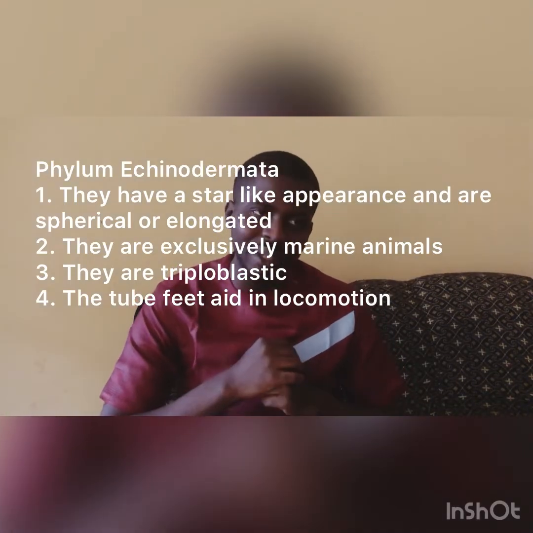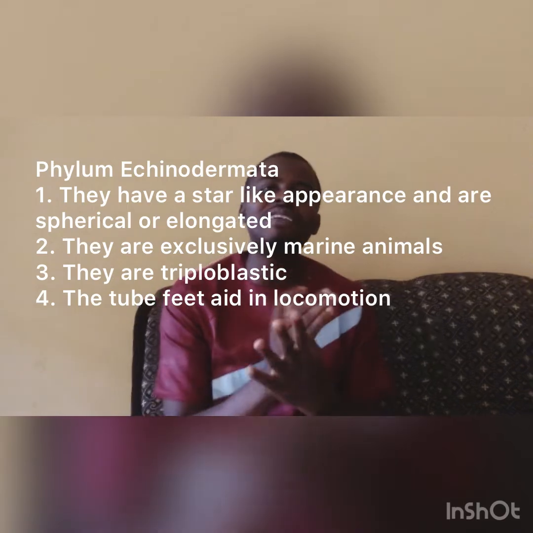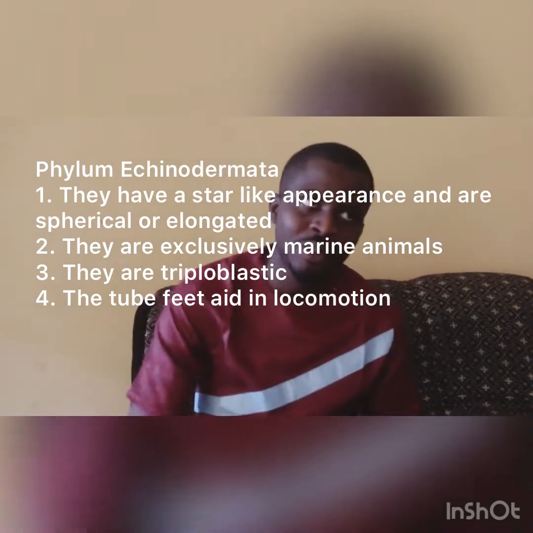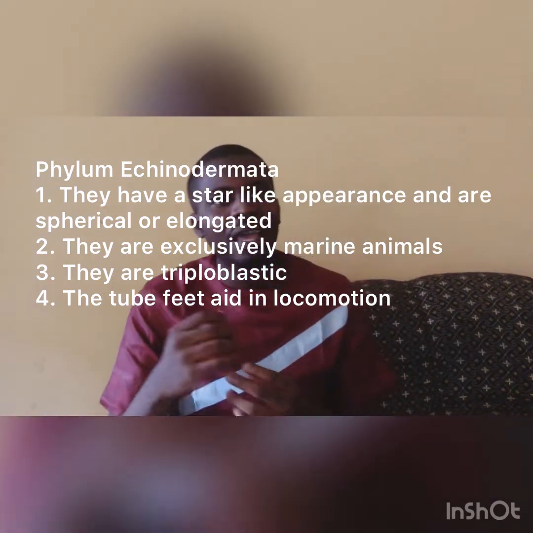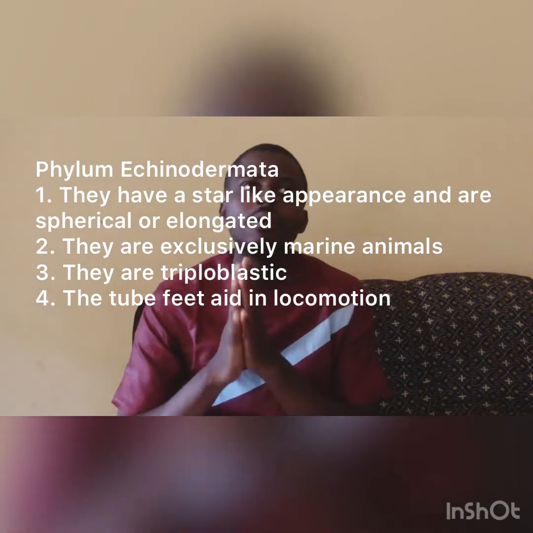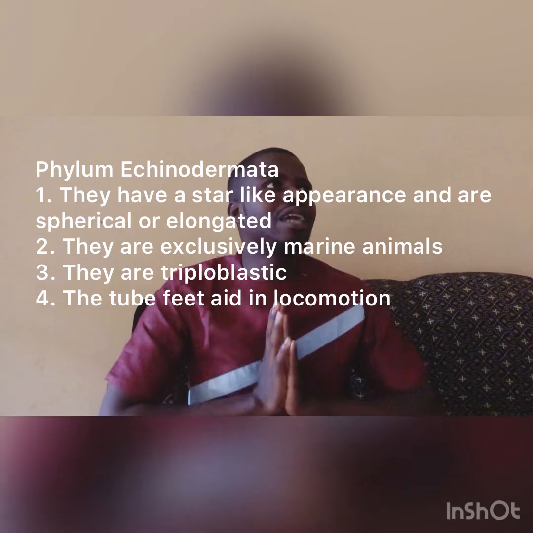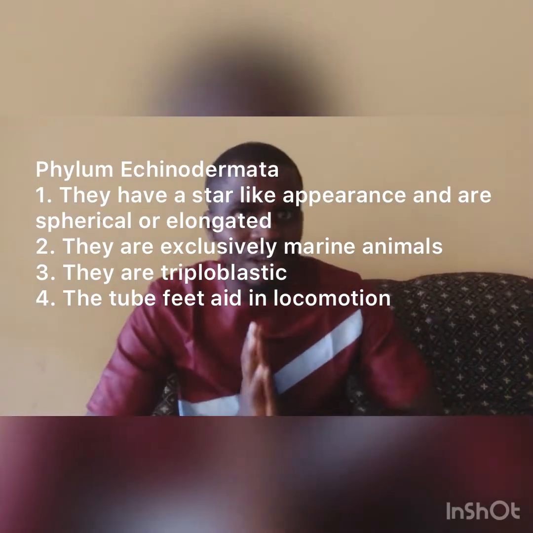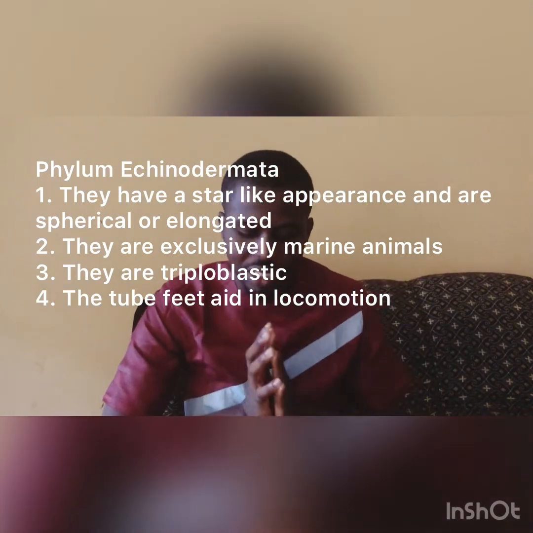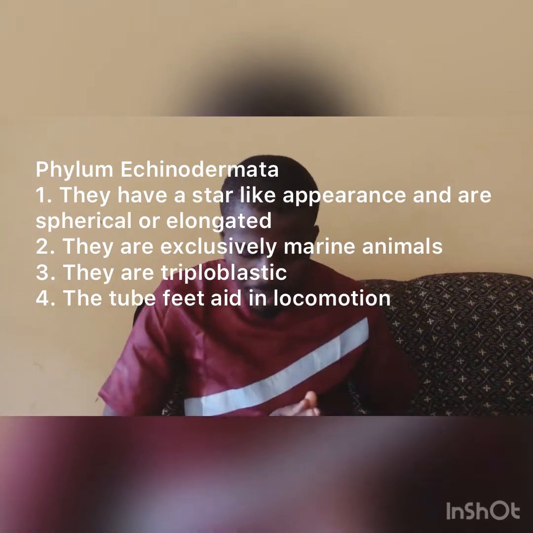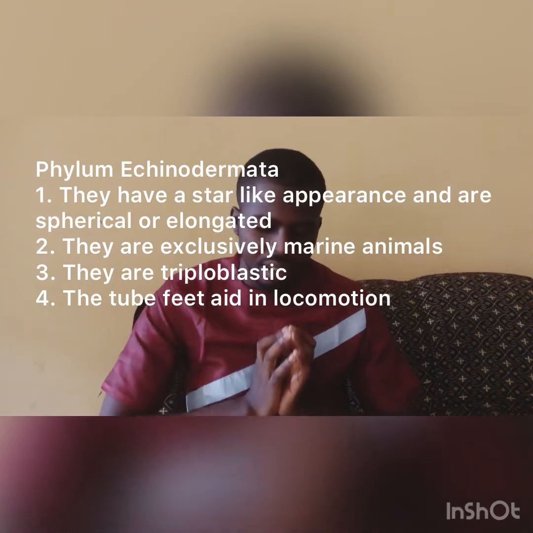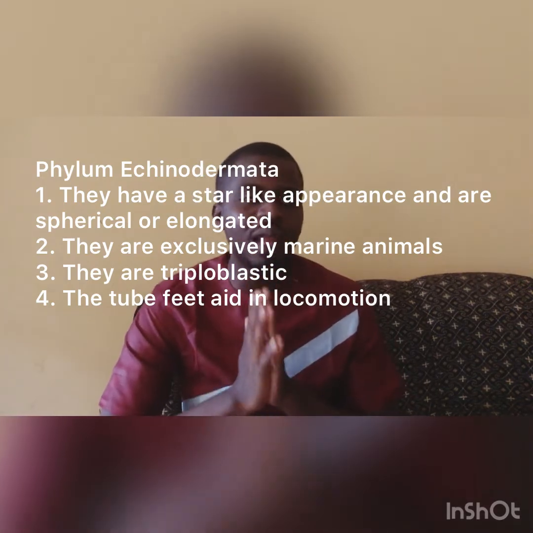Then the second point is that they are exclusively marine animals. Don't forget that point. What does that show? That there is no Echinodermata that lives on land. They are not terrestrial at all. And the third one is that they are triploblastic.